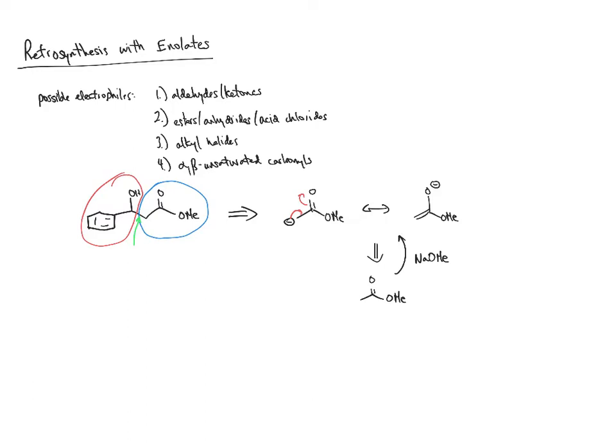What's the electrophile? And we know that our end product is an alcohol. And so we have choices. We have the aldehyde or ketone, the ester, anhydride or acid chloride, alkyl halide, or the alpha-beta unsaturated carbonyl. And only one of these will actually work, and it turns out that it's the aldehyde. And how do we know that? Well, we know that it needs to come from a piece that has this kind of reactivity.